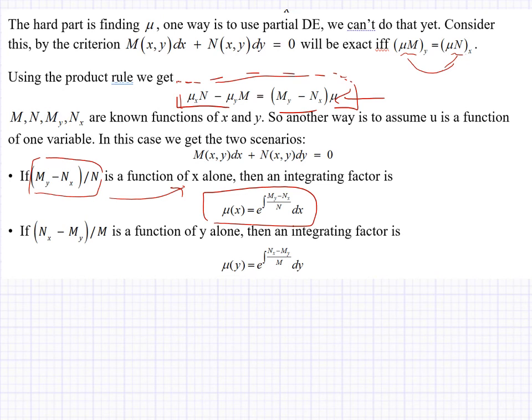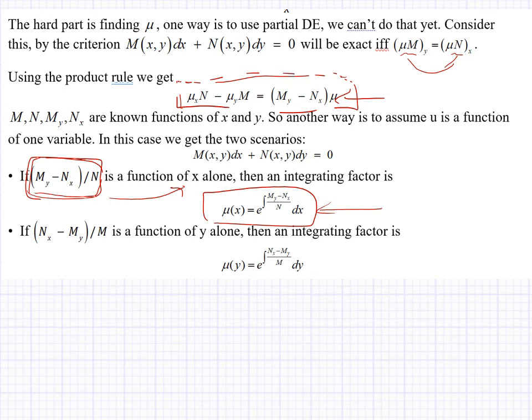We would have logarithms, in which case we'd have to exponentiate, and we would get this function mu to look like this: e to the integral of (My minus Nx) over N dx. And that's only if this is a function of x alone. So can we find mu? Yes, if we make these stipulations.